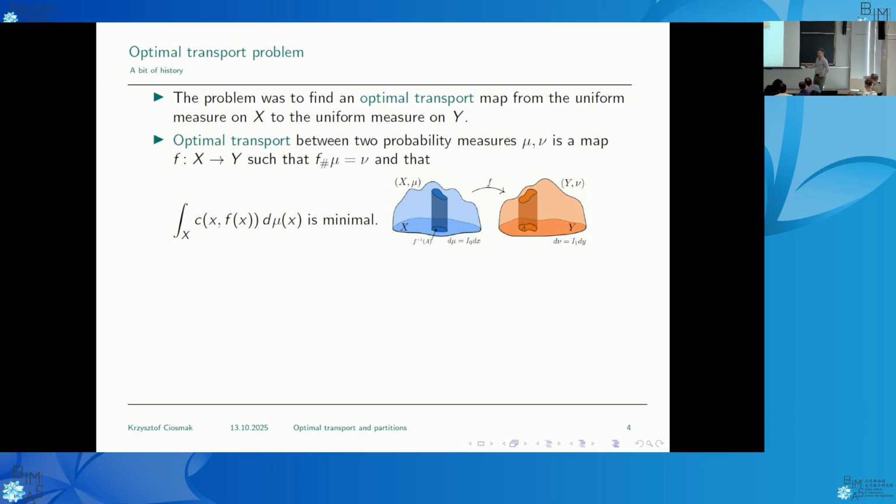Among such maps, we are looking for the one that minimizes this integral. C here is some given cost function, and we are interested in minimizing the average cost.